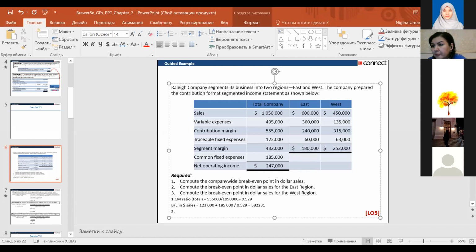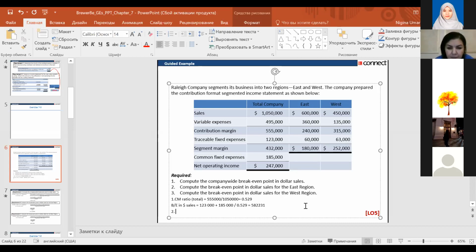113,000. Okay. How do you know this? How have you calculated? Calculate by fixed cost dividing by contribution margin ratio.